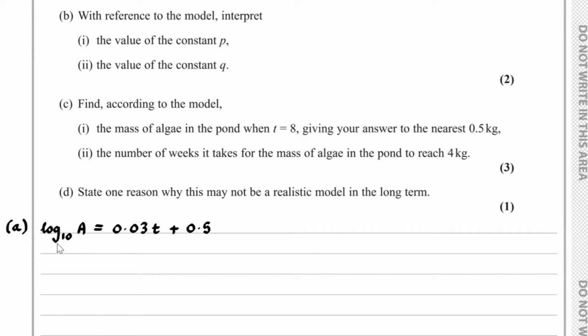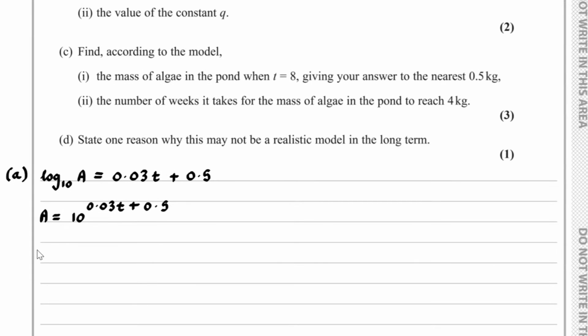So, to get rid of this log base 10, we need to anti-log both sides, leaving us with A equals 10 raised to the power of 0.03T plus 0.5. And using the laws of indices, this will be the same as 10 to the power of 0.03T multiplied by 10 raised to the power of 0.5.